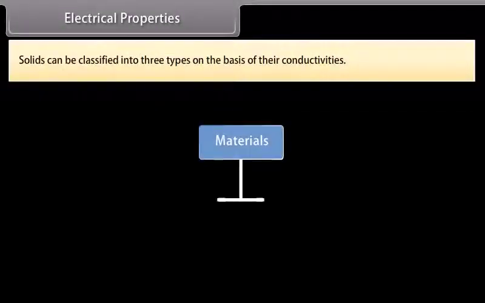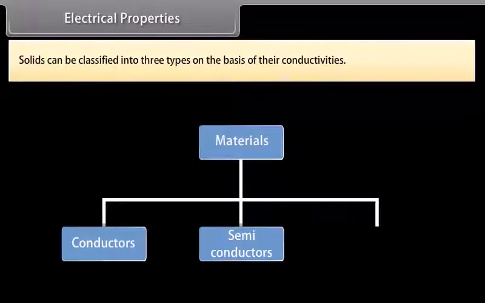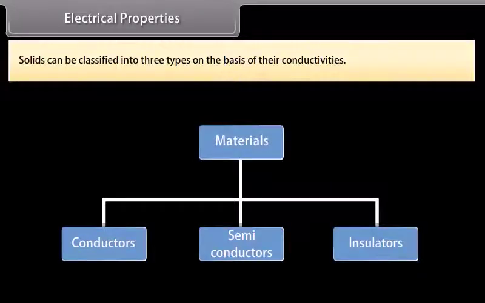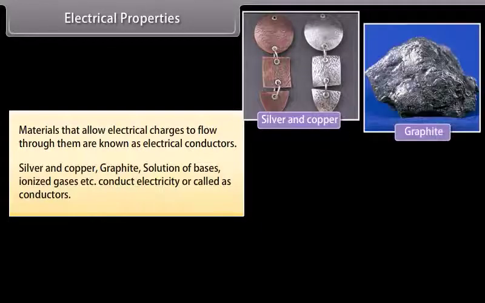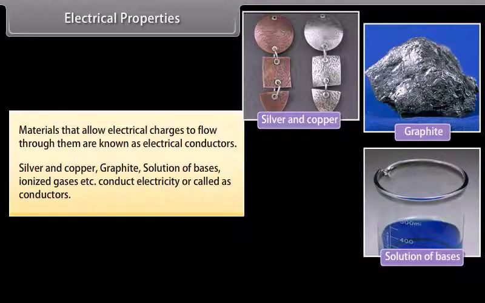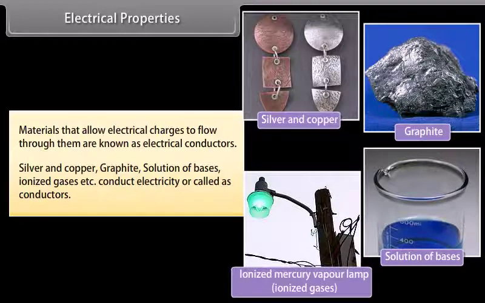Electrical properties. Solids can be classified into three types on the basis of their conductivities. Materials that allow electrical charges to flow through them are known as electrical conductors. Silver and copper, graphite, solutions of bases, ionized gases, etc., conduct electricity and are called conductors.